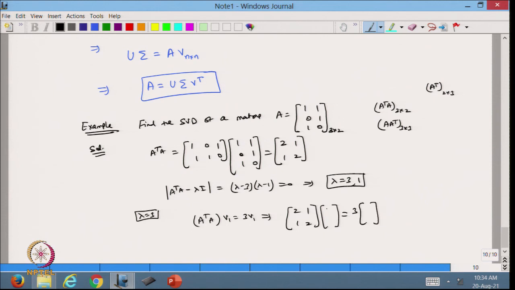So, I can choose this vector as 1 1, because it gives 3 3. Now I want to make this vector orthonormal, so I normalize it and take V1 as 1 by root 2 and 1 by root 2. I have taken the first eigenvector as this one.